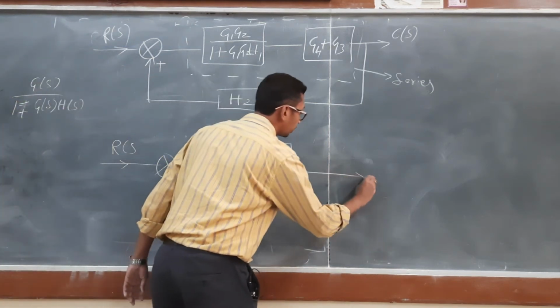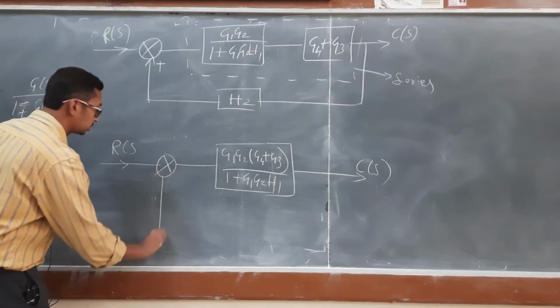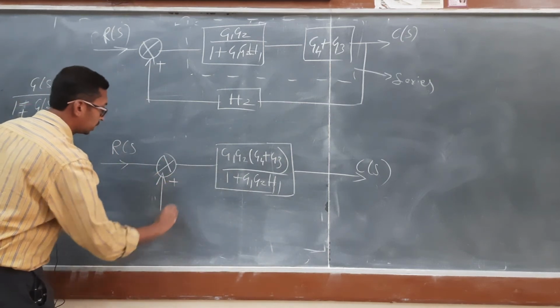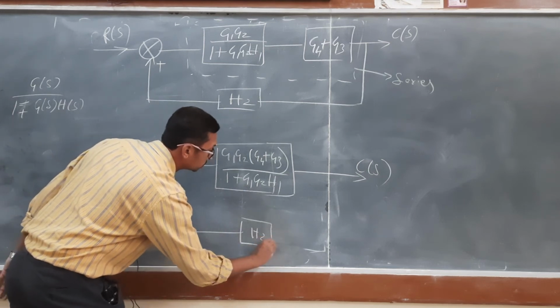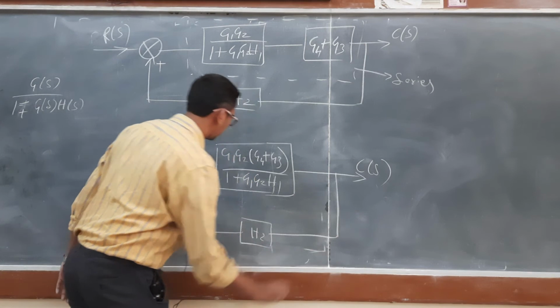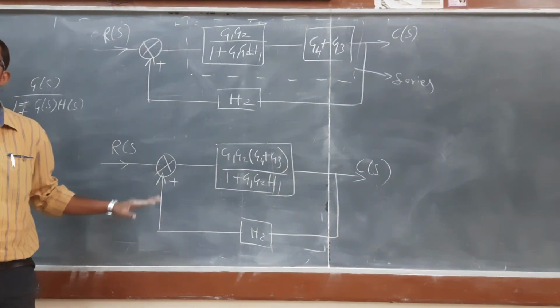And finally, the output is C of S. And the feedback signal has a plus, and here it is H2. Okay, so this is after reducing from this step to this.